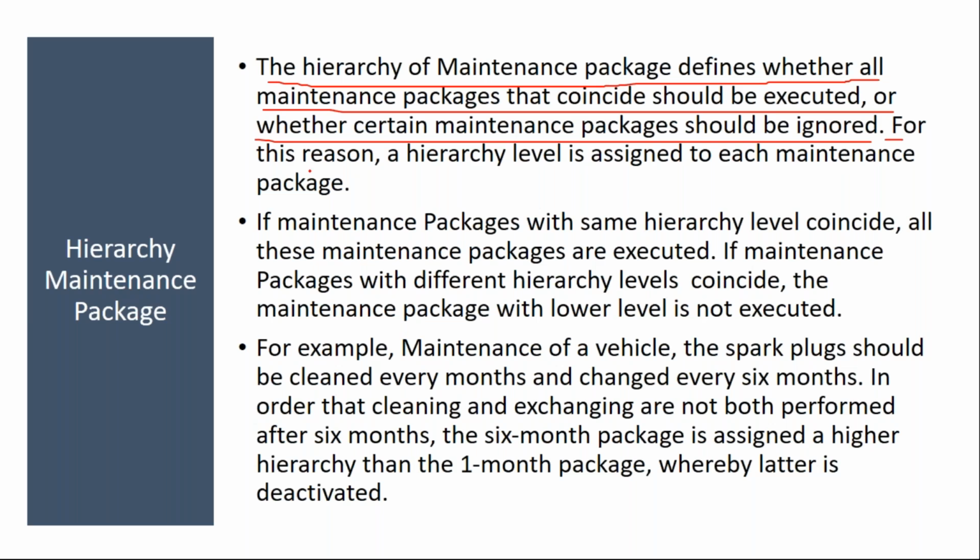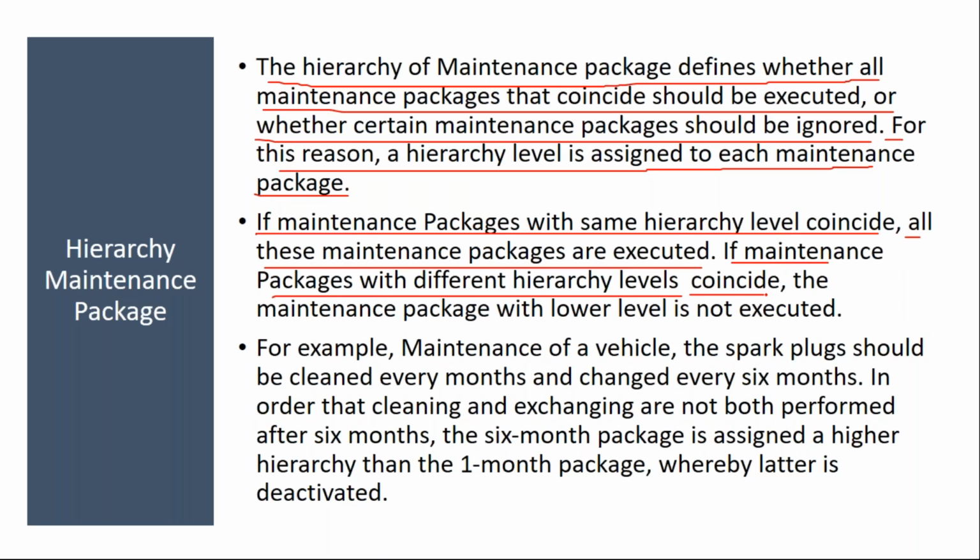For this reason, a higher level is assigned to each maintenance package. Okay, if maintenance packages with same hierarchy level coincide, all these maintenance packages are executed. If maintenance packages with different hierarchy levels coincide, the maintenance package with lower level is not executed.